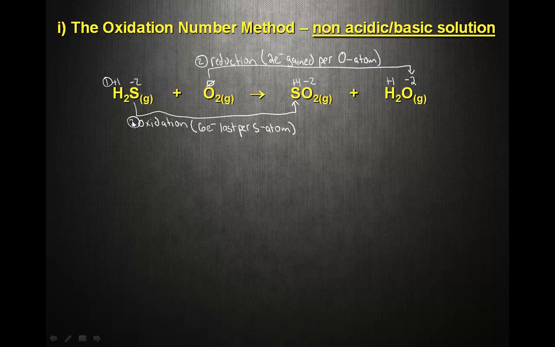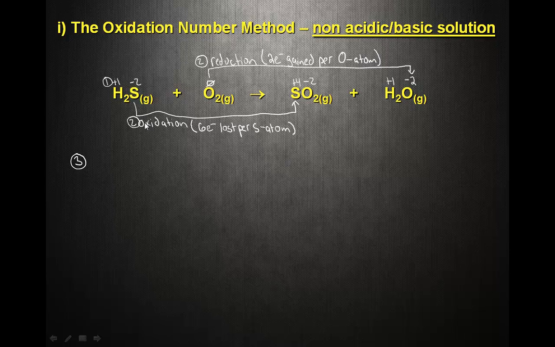Now step 3, and this is where people tend to make a mistake. In step 3, we want to figure out how many electrons are lost and gained per reactant. That number might change because there might be more than one atom in the reactant. We'll see how that works in this question.